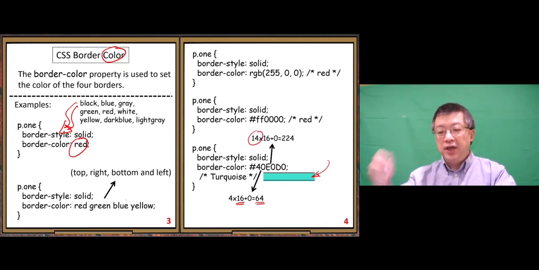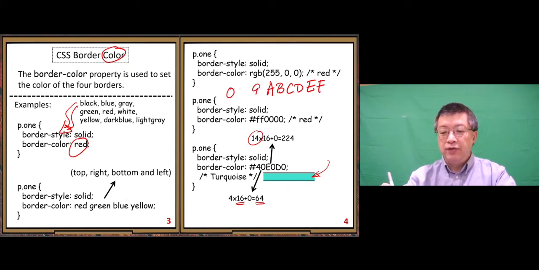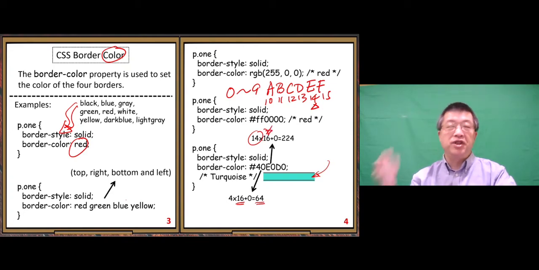Because in hexadecimal, A, B, C, D, E, F, other than 9. Because from 0 through 9, A corresponds to 10, 11, 12, 13, 14, 15. So that's why for E, we use 14 here. 14 times the base number. Base number is 16 plus the single digit.